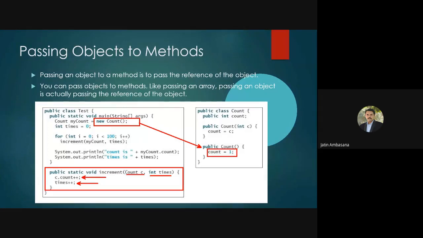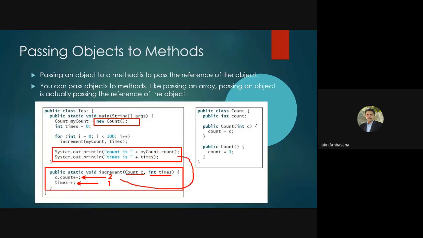So the count value would have been made 1, right? So now if the count is incremented, it will go to 2. And what will be the times value? It was 0. So it would be incremented to 1. So if you print this out, your output will be 2 and 1. That will be the output of the program.